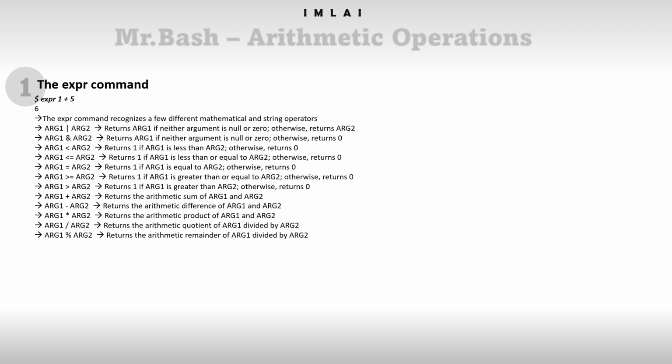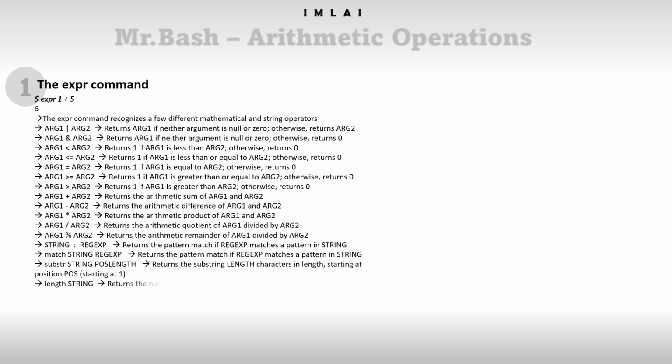If you use a percentage symbol, it returns the arithmetic remainder. If you use a string and then colon regexp, it returns the pattern match if regexp matches a pattern in the string. So there are a few more operations that we can do using this.